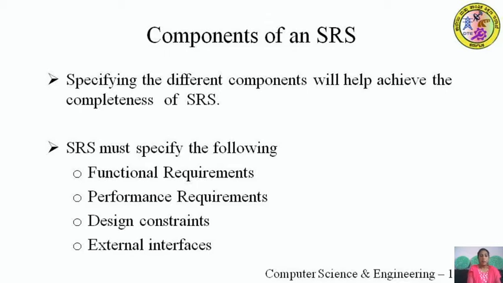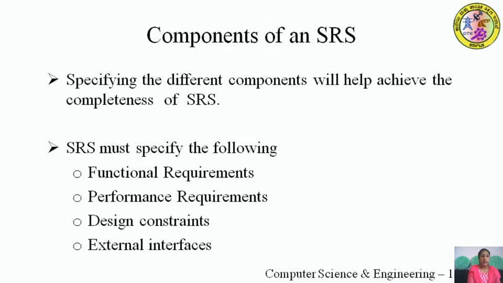Well, before we begin the current session, let's have a brief recap of the previous session. In the previous session, we had learnt about what a software requirement is. A software requirement is a condition or a capability that must be possessed by a system to satisfy a contract or a standard or any other formally imposed document.